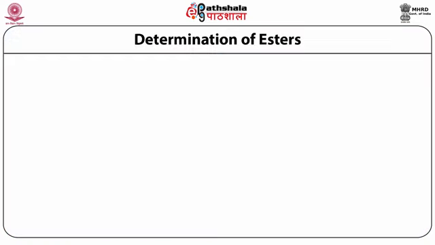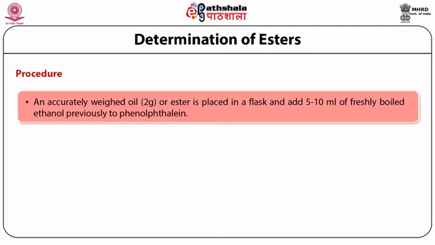Let's now discuss the determination of esters in volatile oils. The procedure goes like this: an accurately weighed quantity of oil or an ester is placed in a flask, and to this add 5 to 10 ml of freshly boiled ethanol, previously neutralized with phenolphthalein.